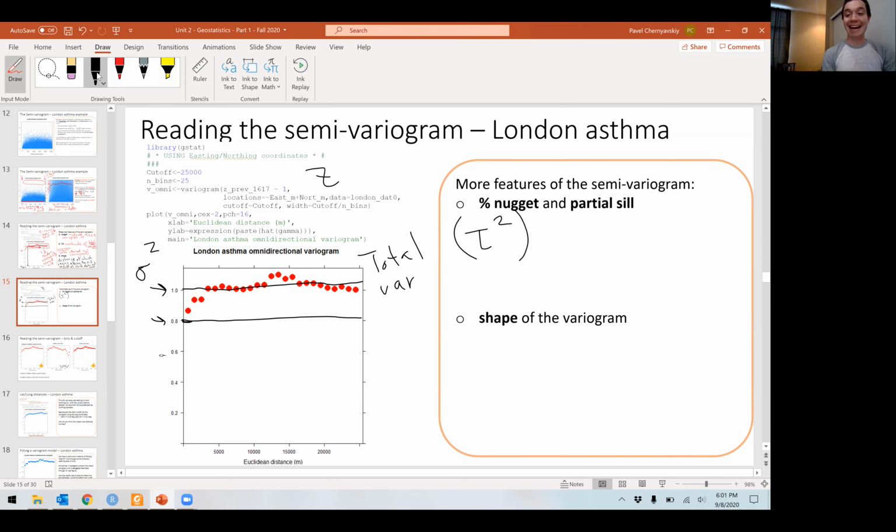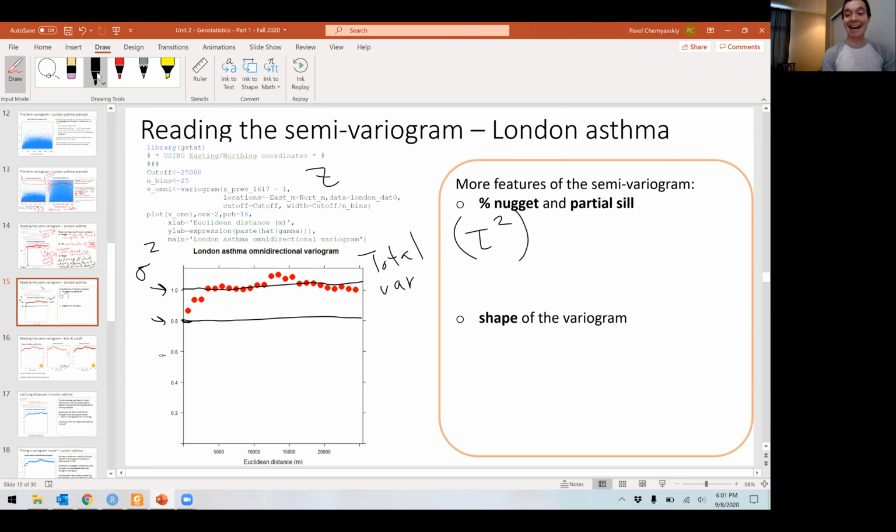I'm talking about maybe these guys right here. And remember that the number of bins is arbitrary. And so the more bins we have, the better I can assess the behavior of our variogram near the origin, and that can help me pick an appropriate model to impose structure on our correlation.